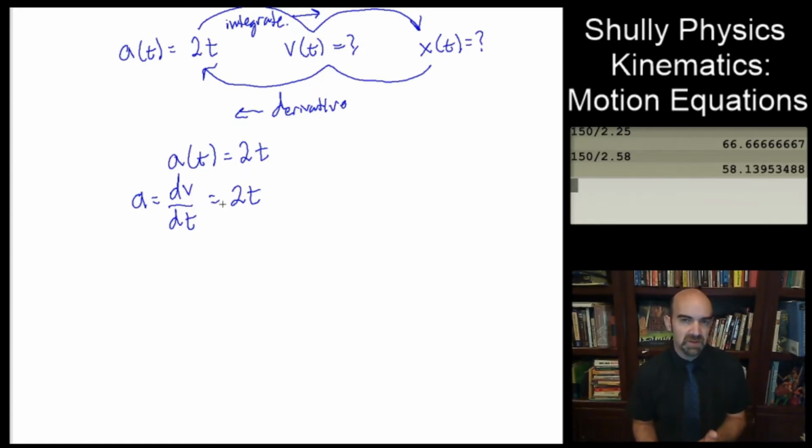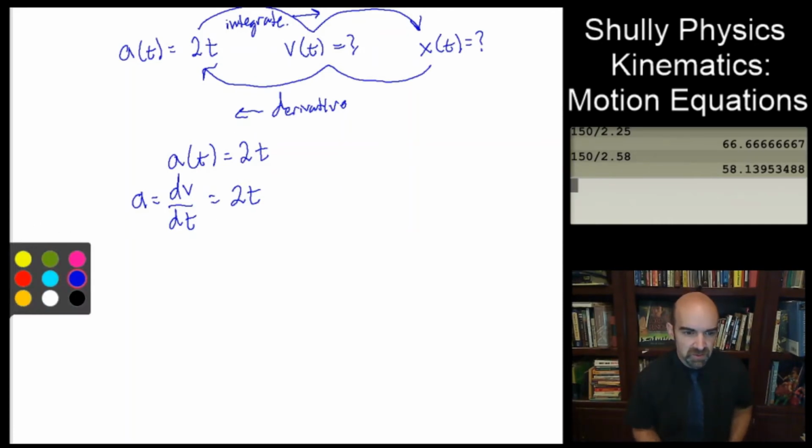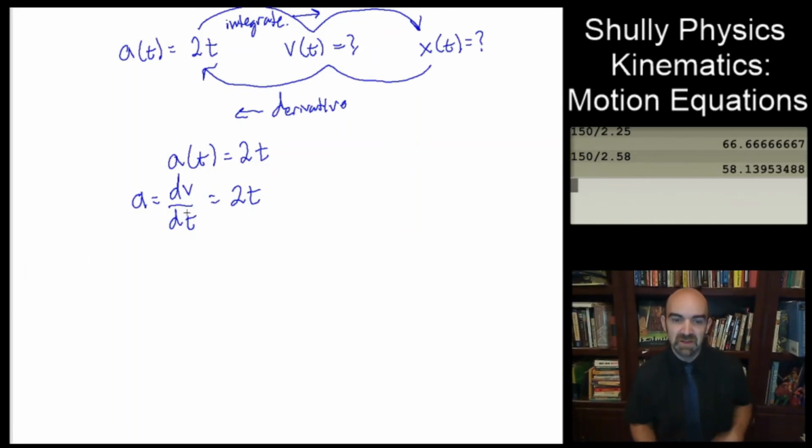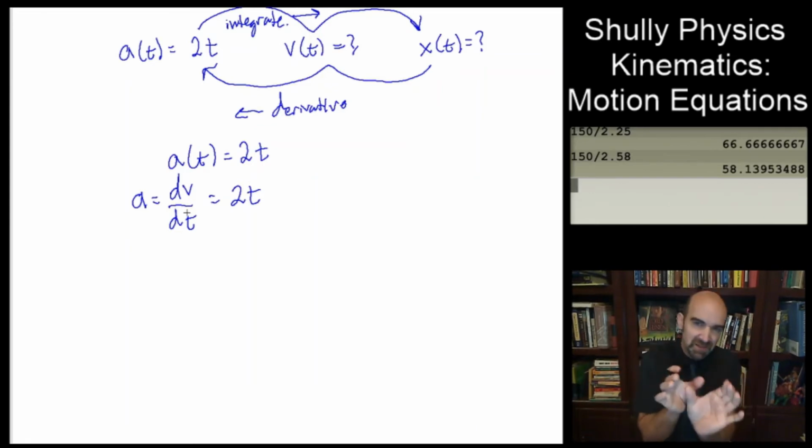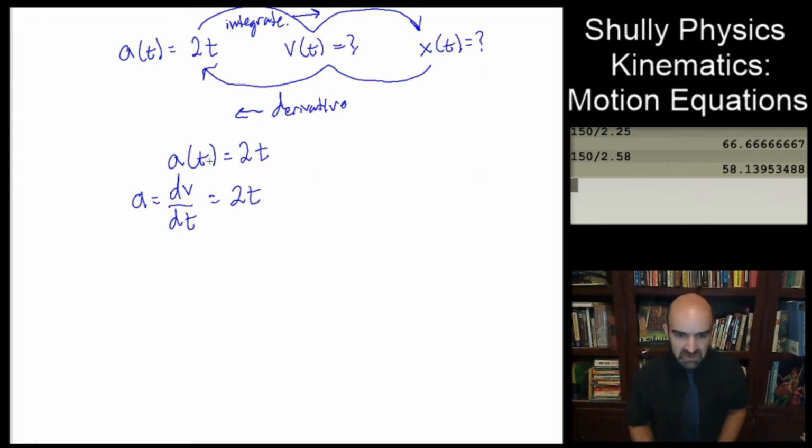If this is your first year in calculus, here's how this notation works really well. You never separate the dv, that stays together, and the dt always stays together, but treat them as something that you can work with algebraically.